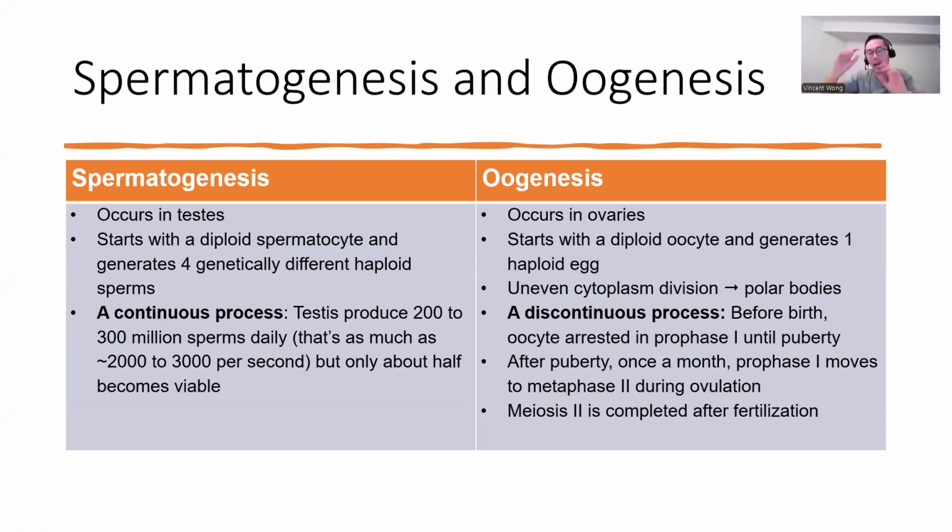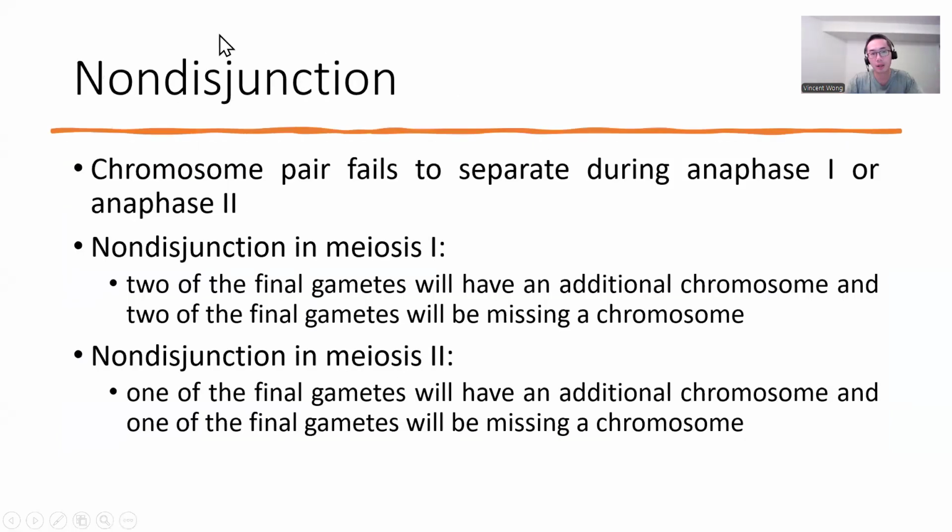Like when an egg is selected by the body, so to speak. So there's something called non-disjunction, okay? And that is a situation that occurs when the chromosomes fail to separate when they're supposed to separate. Okay? So when are they supposed to separate?